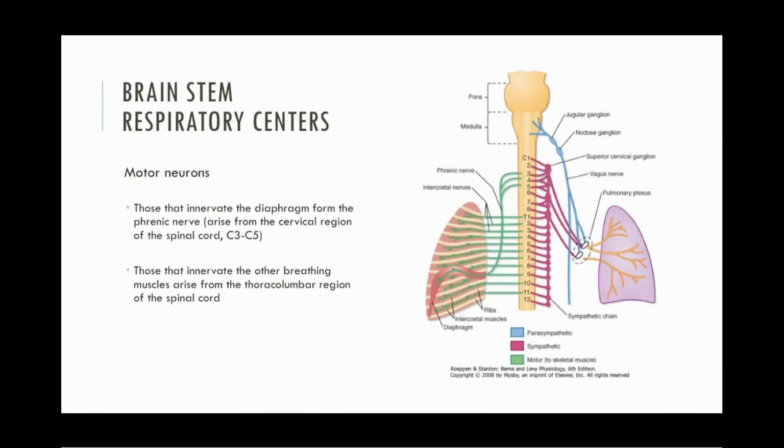So brainstem respiratory centers, we have our motor neurons, makes sense. They all have to innervate the lungs, the diaphragm, to allow you to breathe better. Diaphragm is from the phrenic nerve, and that's from C3 to C5, phrenic nerve. And those that innervate the other breathing muscles arise from the thoracolumbar region of the spinal cord. Again, this is the voluntary way to breathe.